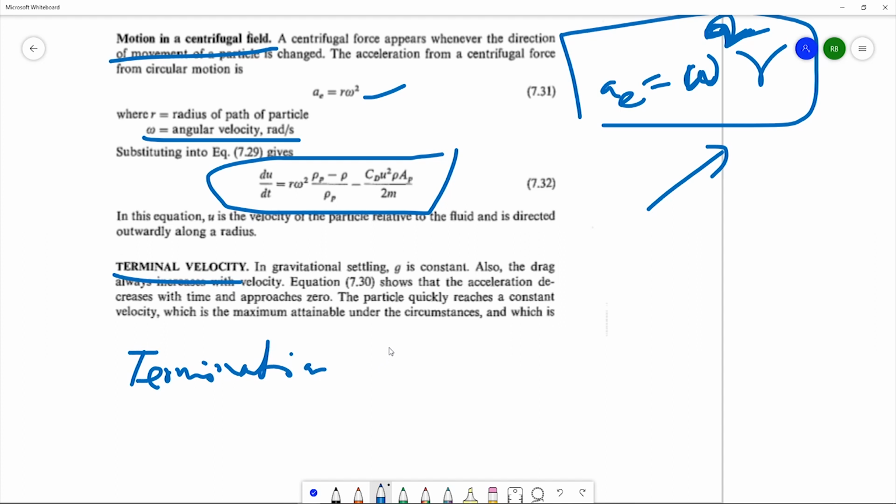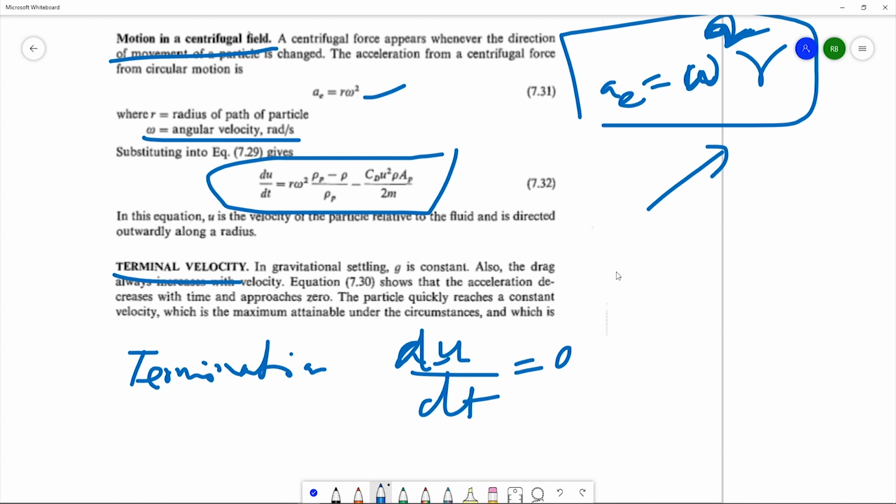If there is no acceleration, that is du by dt will be 0, then what will be the velocity? That is called the terminal velocity. It is the maximum velocity the particle can attain inside the fluid.